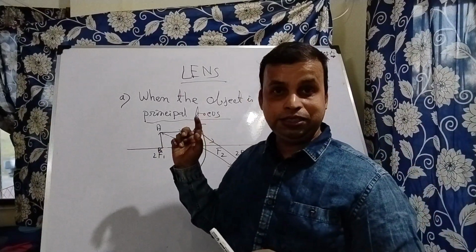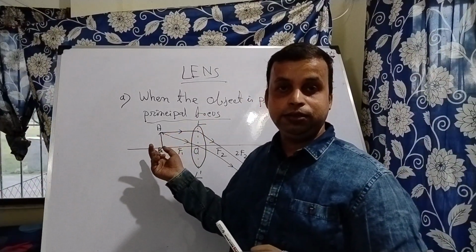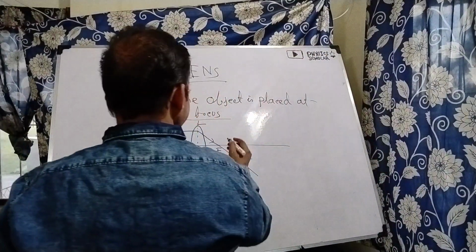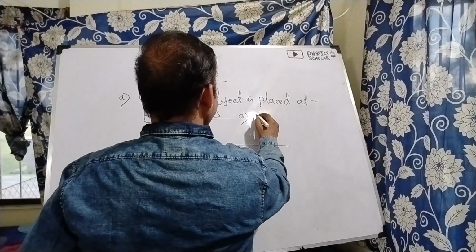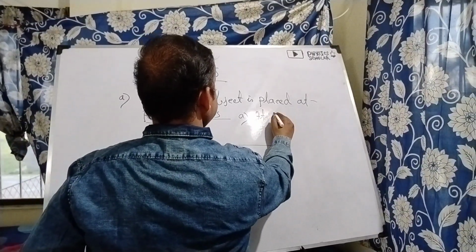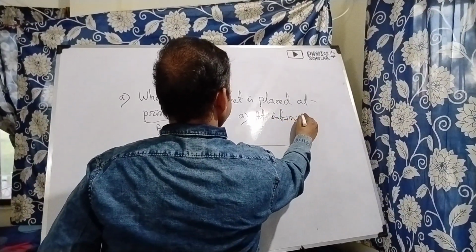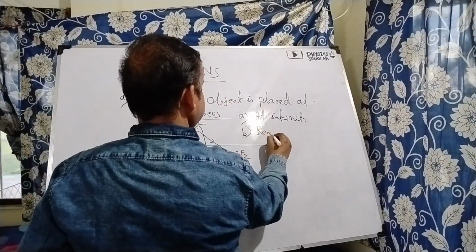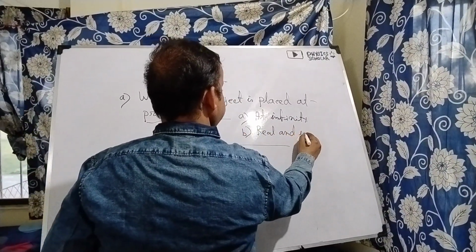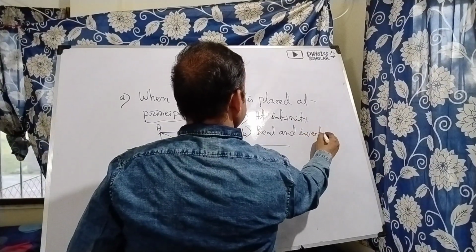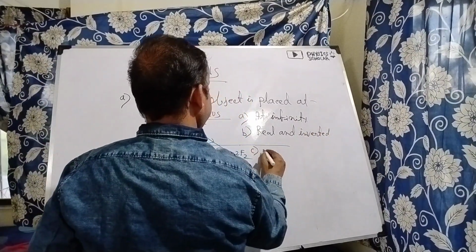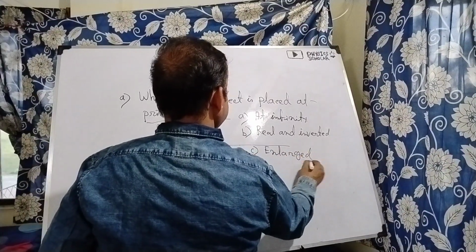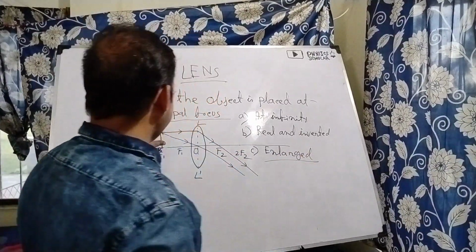It will be enlarged, real and inverted. The position of the image is at infinity, its nature is real and inverted, and its size is larger than the size of the object.